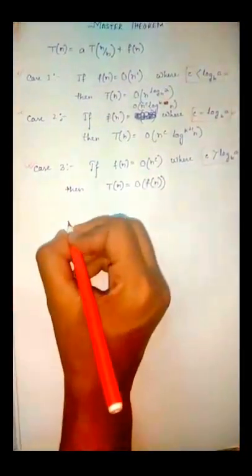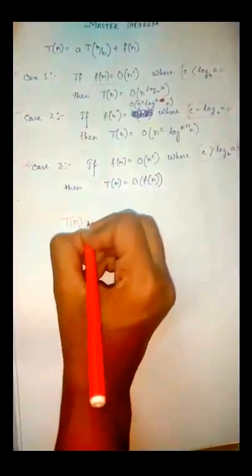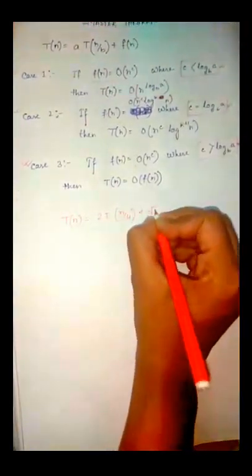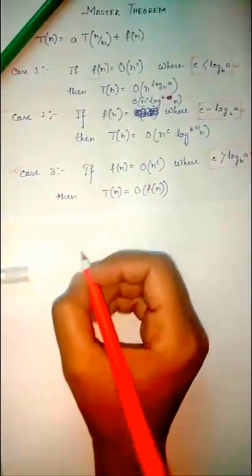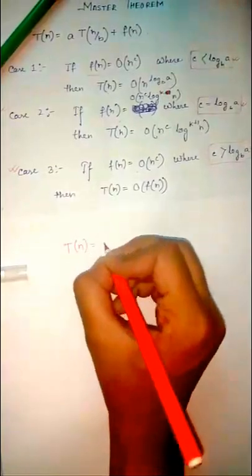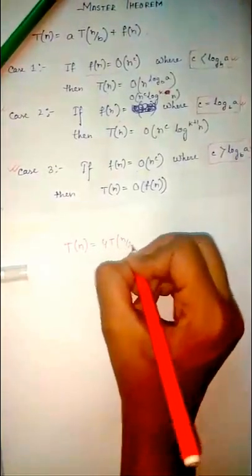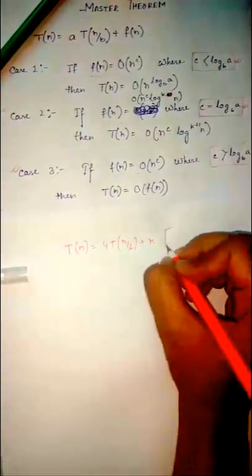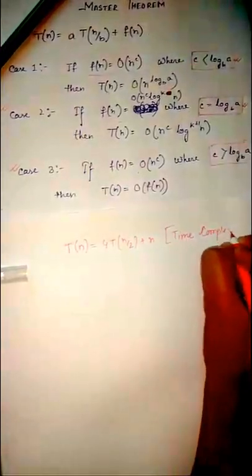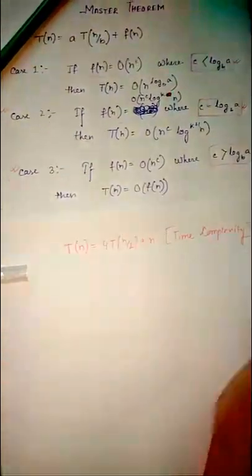So let's take an example. T of n is equal to 4T of n by 2 plus n. We have to find the time complexity of this recurrence problem.